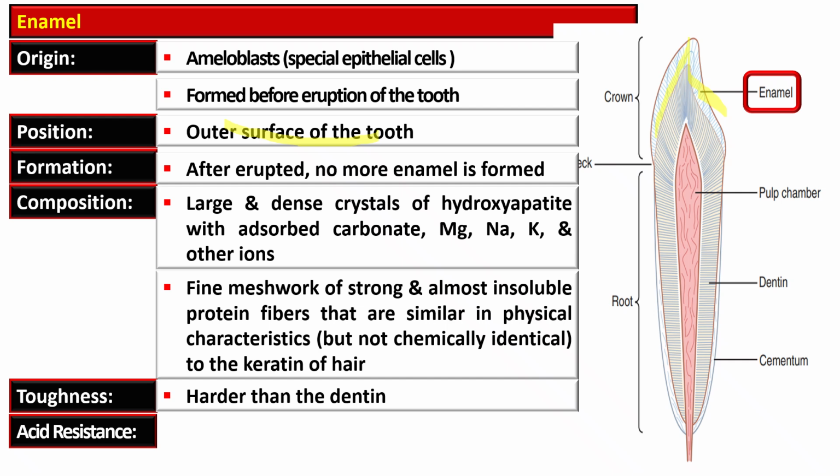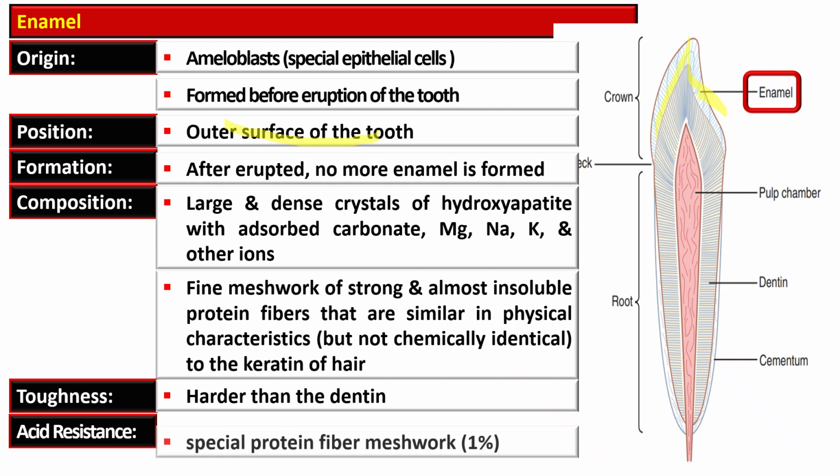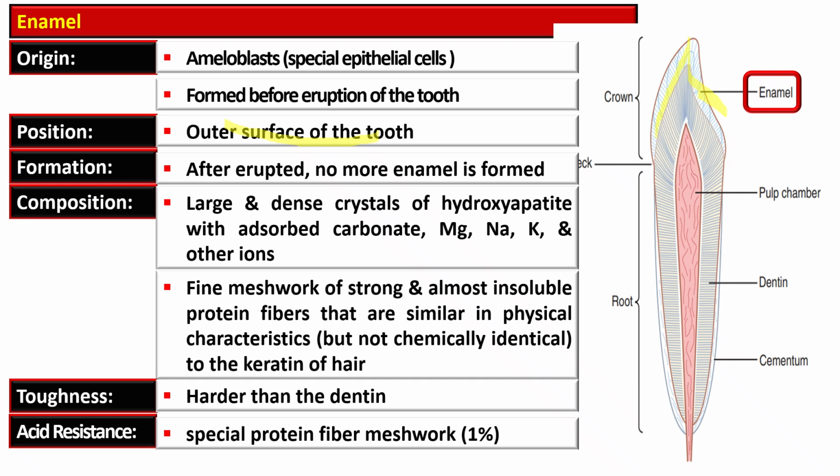Enamel is far harder than dentin due to its dense crystalline structure, and its unique protein network is highly insoluble and resistant to enzymes and corrosion, making enamel durable against everyday wear and chemical attack.